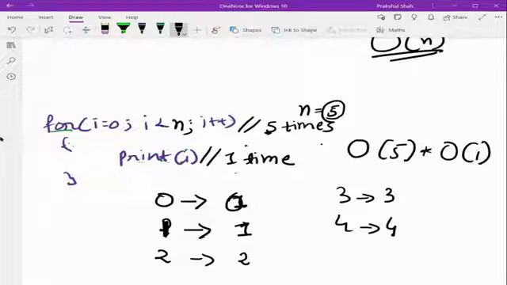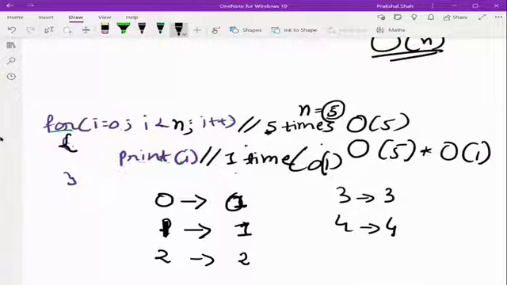The loop is order of 5, and this statement is order of 1. So if you have a nested thing, then you will multiply it. Yes or no?